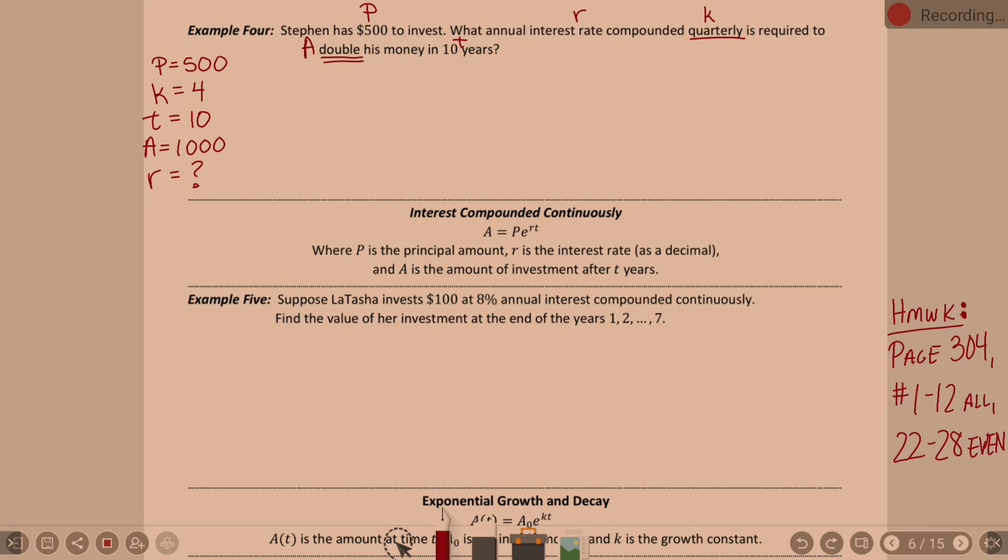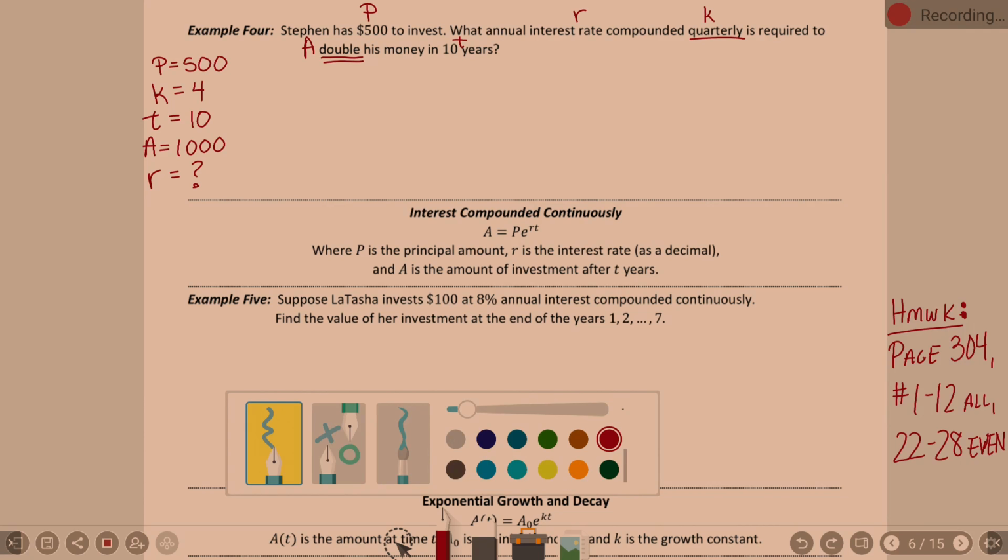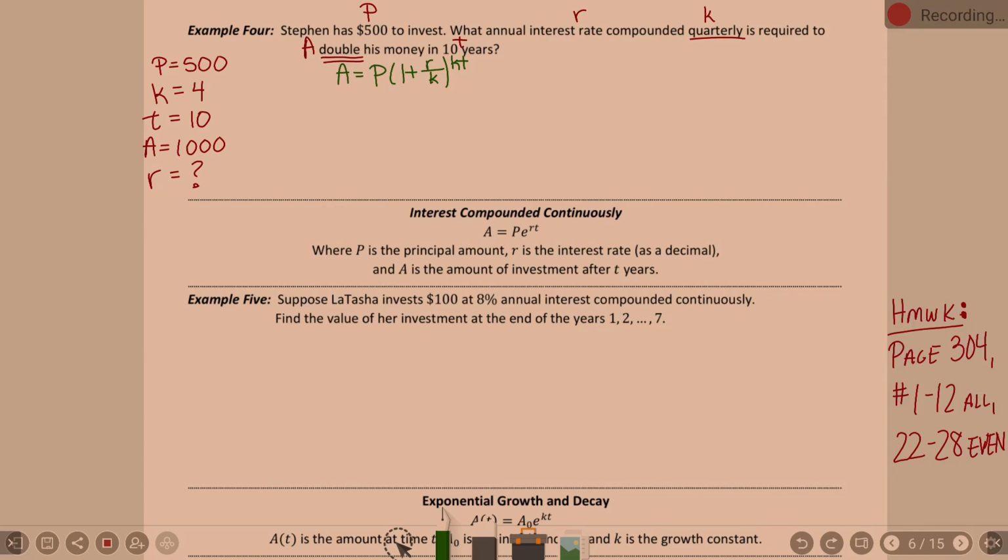Set it up if you haven't already. A equals P times 1 plus R over K raised to the KT. Okay, what did we say? A is 1,000.